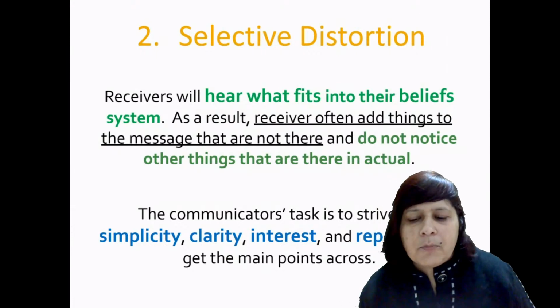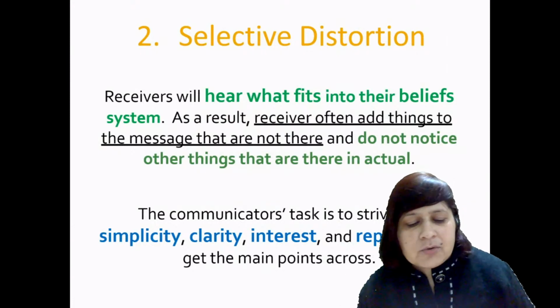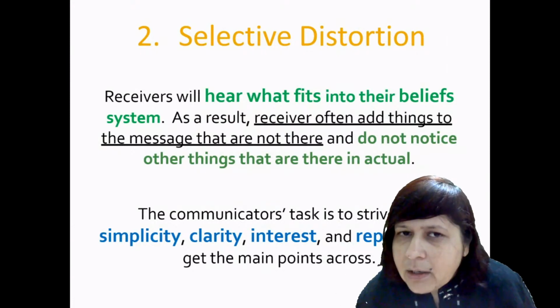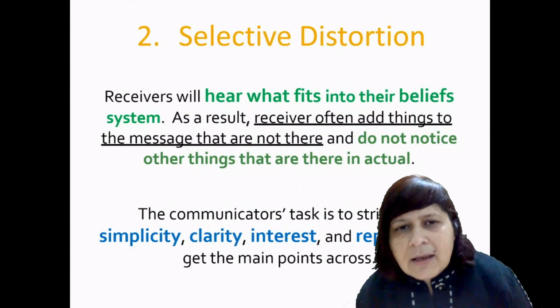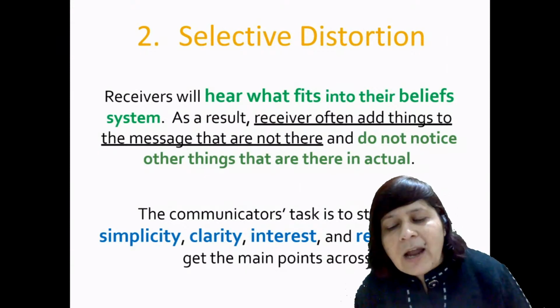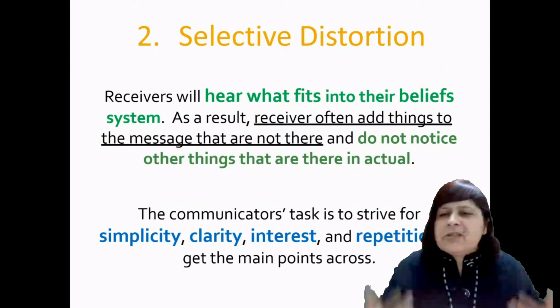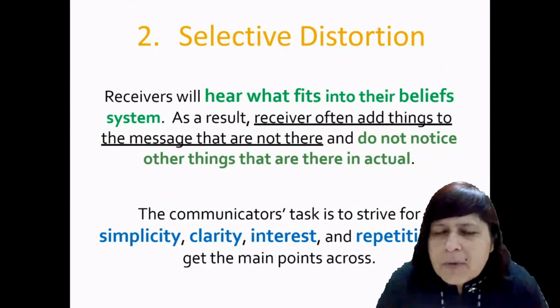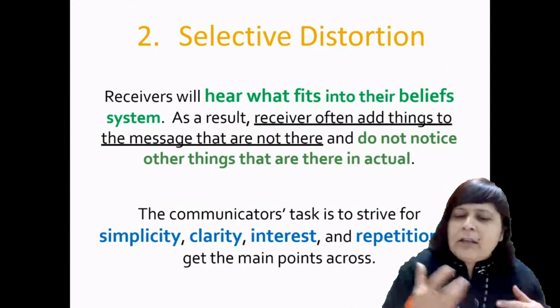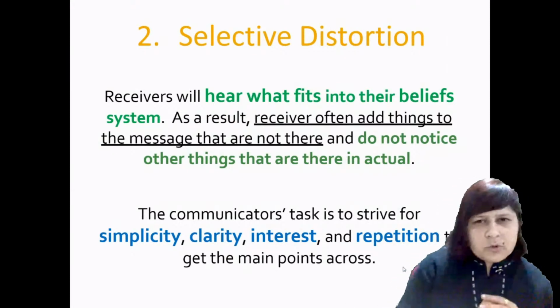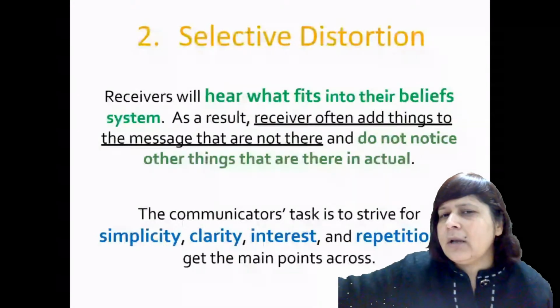right? So the communicator's task is to strive for simplicity, clarity, interest, and repetition to get the main point across. Because of the selective perception of the consumer or the target audience, they may perceive what they want to, and they will ignore all other things.